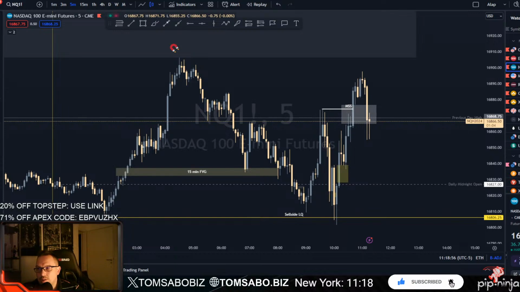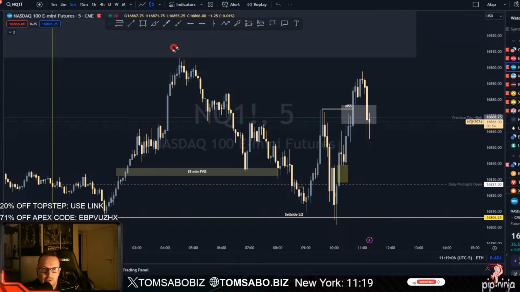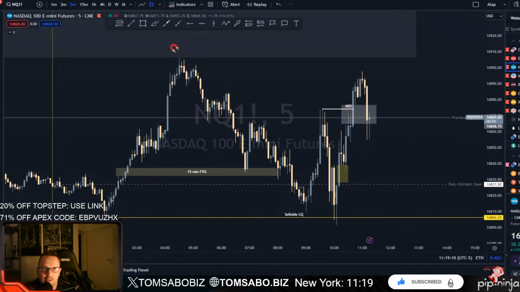It might actually turn out good. I don't know. I mean, the whole formation. So it's basically the VWAP can hold this trade. I don't know. I'm not sure.